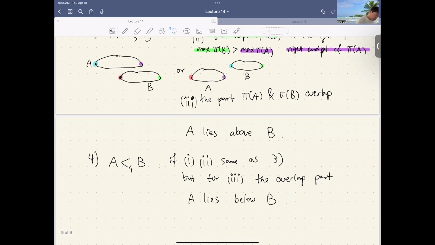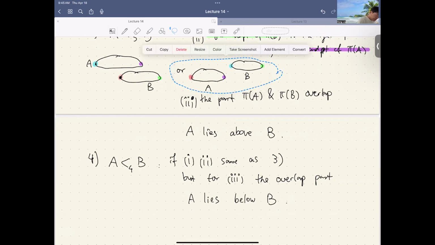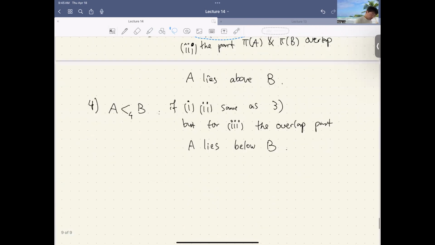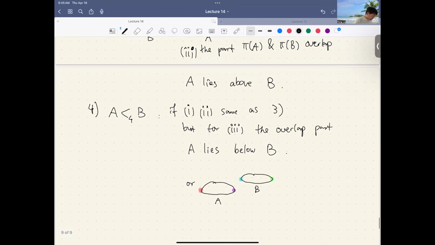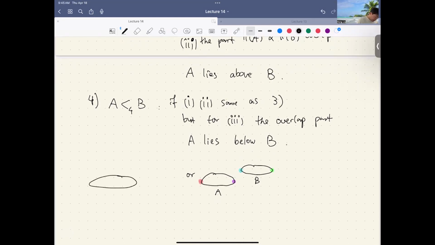So let me draw this picture. This is the same in both cases. So you have a, and in the overlap part, a lies below b. Okay. Good.